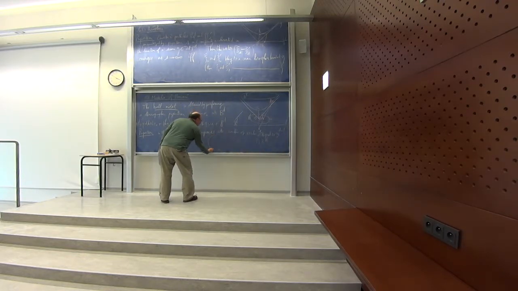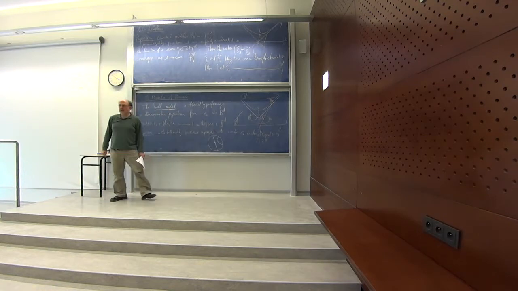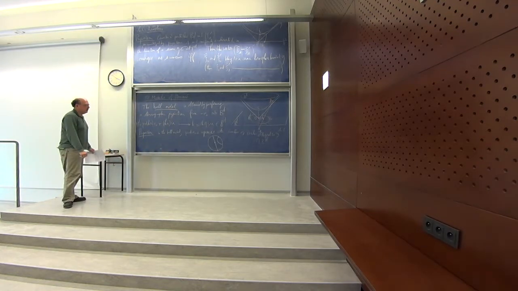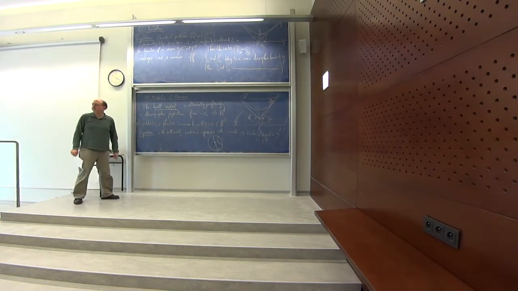So you have either a diameter or an orthogonal circle like that. These are exactly the geodesics in this model.